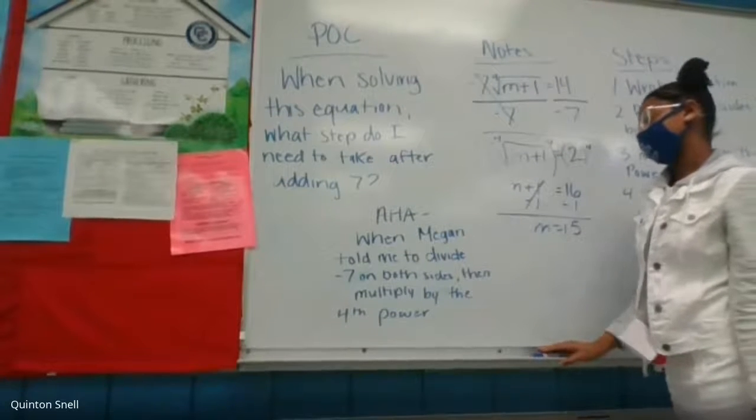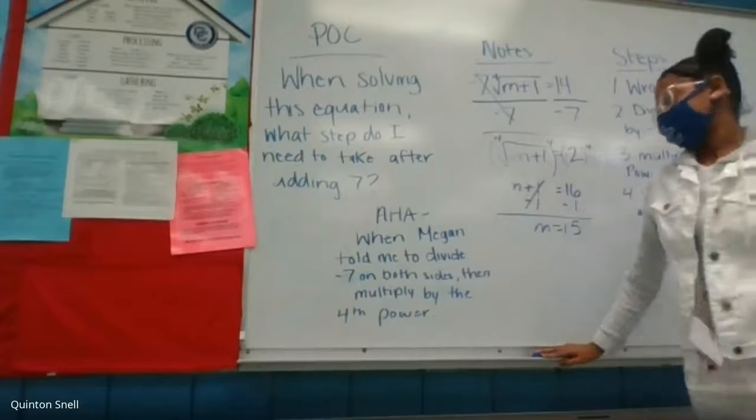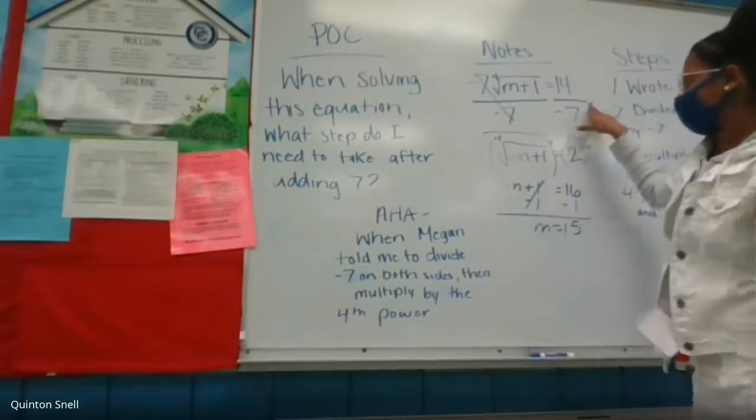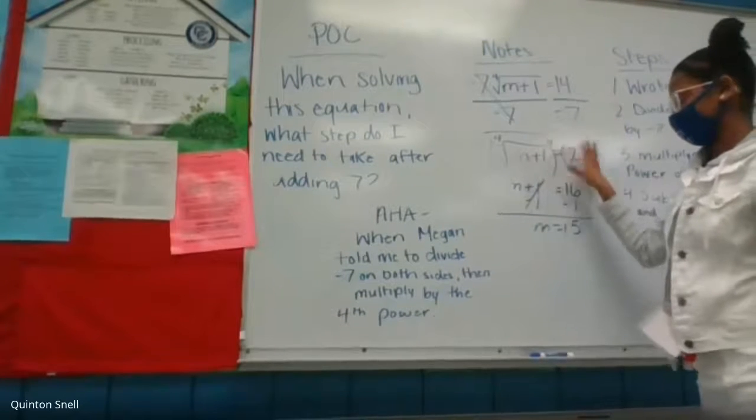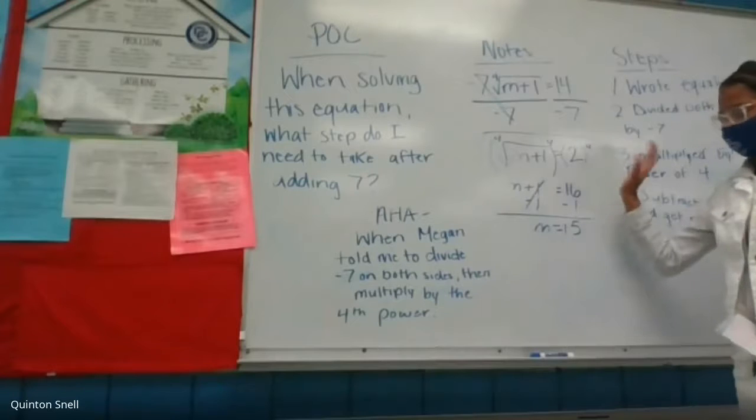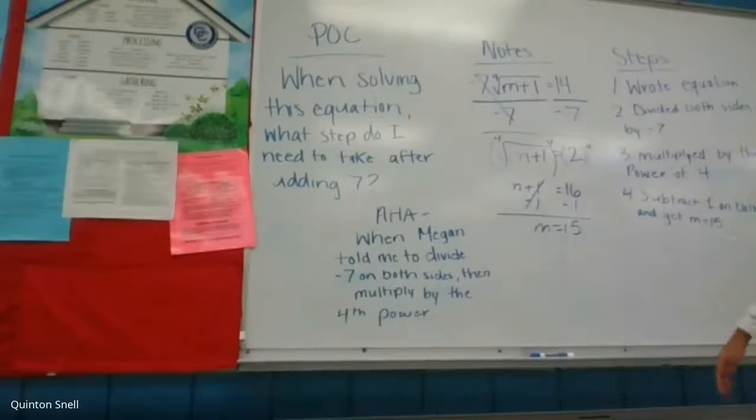My aha moment was when Megan told me to divide on both sides and then multiply by the exponent. Do you have any questions for me or anyone else or Megan in here? You good? I understand.